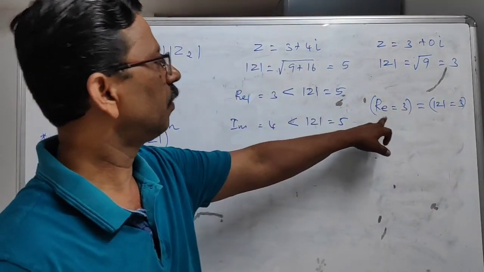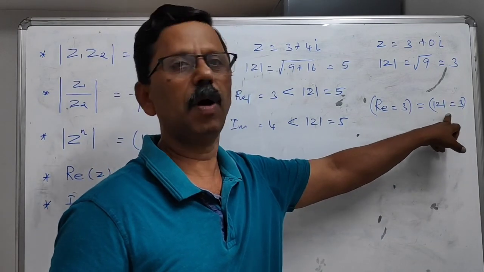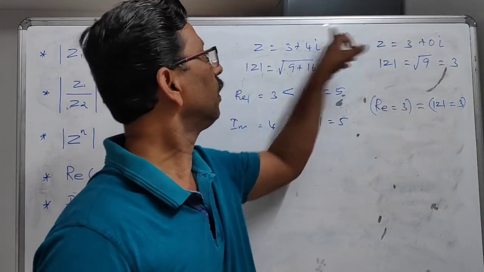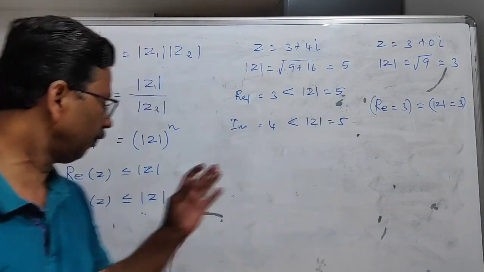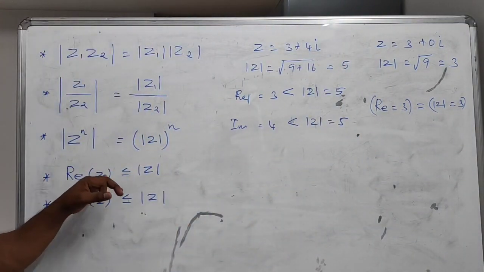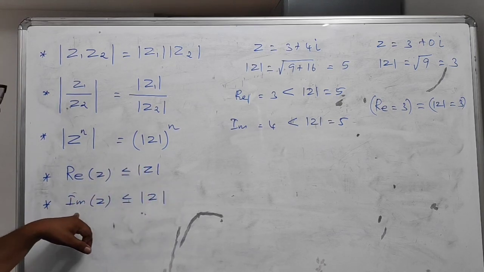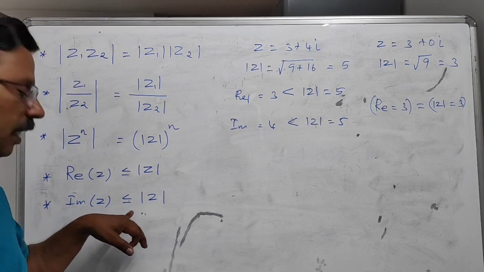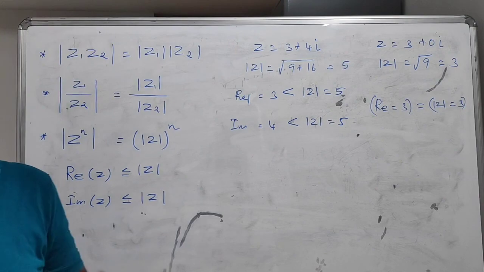Therefore, real part of z may be less than the modulus z or equal to the modulus z based on the given value of z. Therefore, in general, we can say real part of z is always less than or equal to modulus z. Similarly, imaginary part of z is also less than or equal to modulus z.